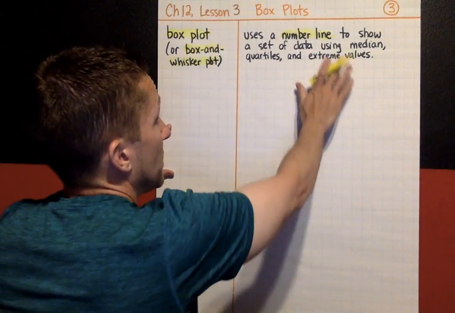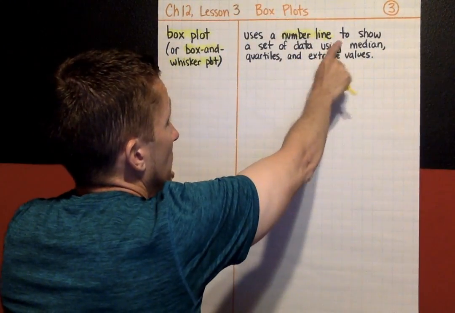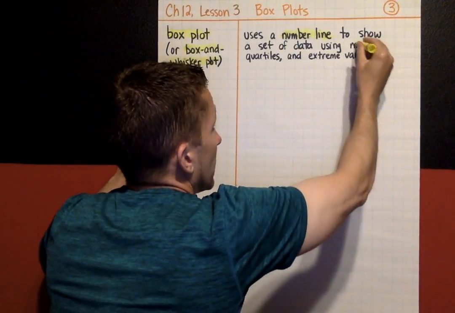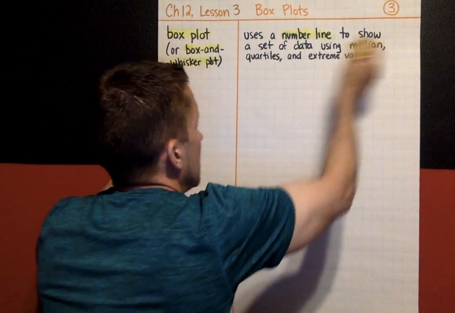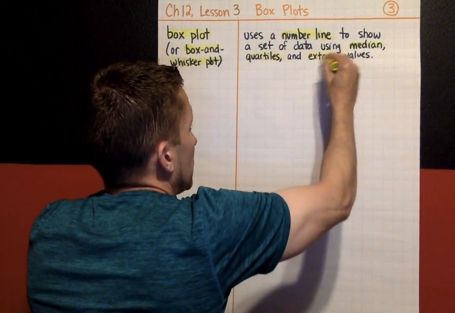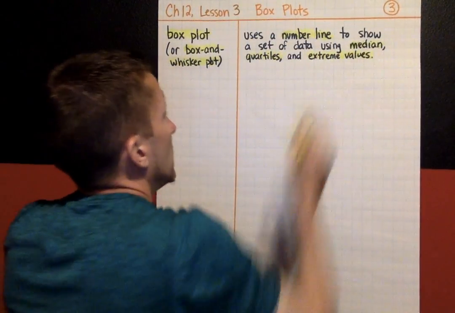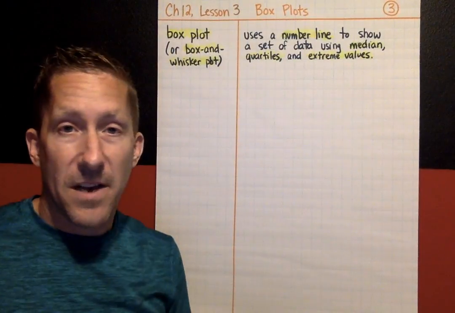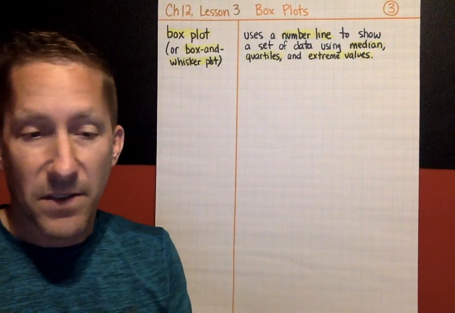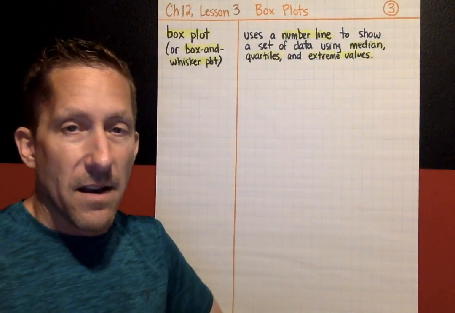And I'll show that when we build one. So it uses a number line to show a set of data using the median, the quartiles, and extreme values. A lot of that stuff we've done. The actual plot itself is what's new for most kids.